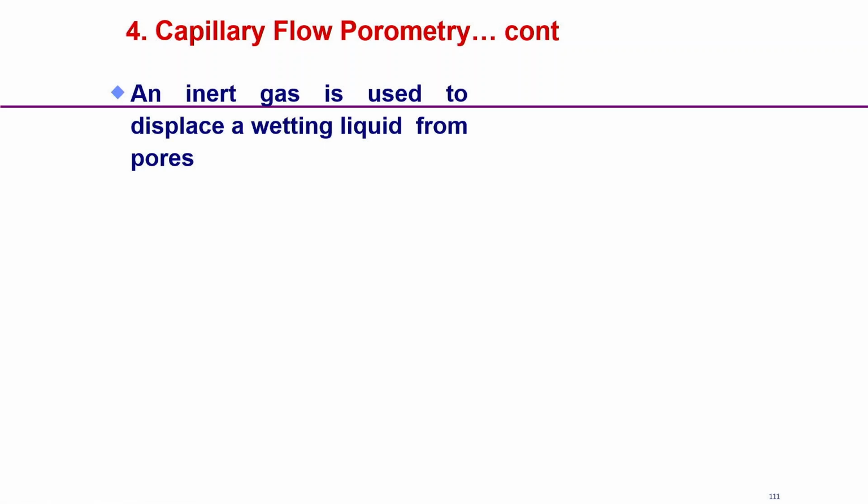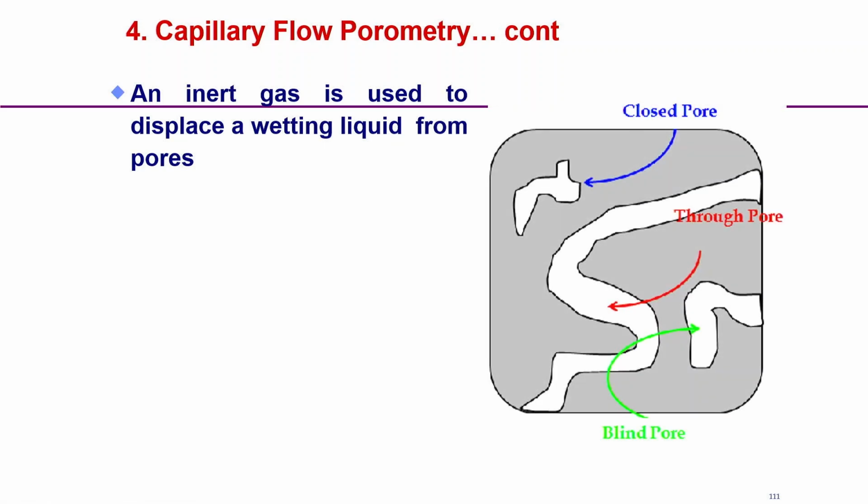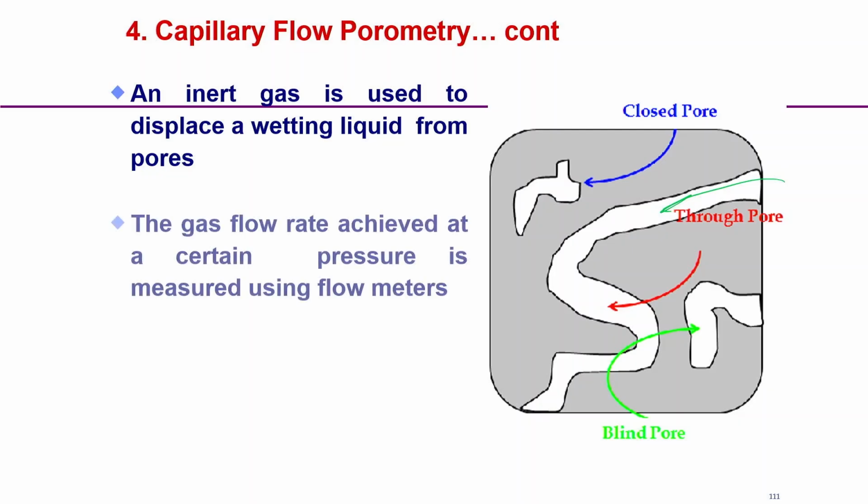An inert gas is used to displace the wetting liquid from the pores, that is, from this pore we can use one inert gas to displace this. The gas flow rate achieved at a certain pressure is measured.